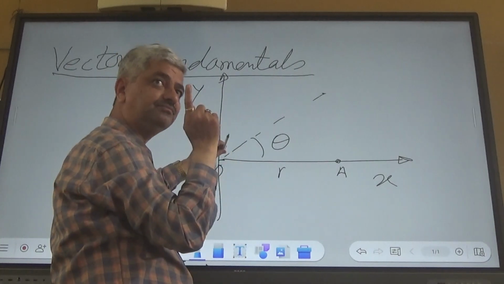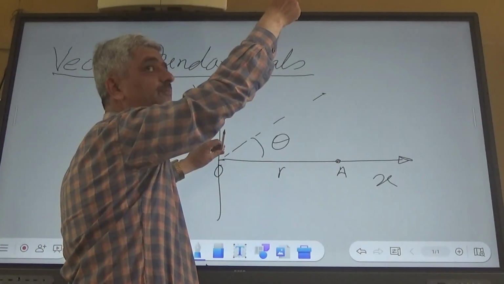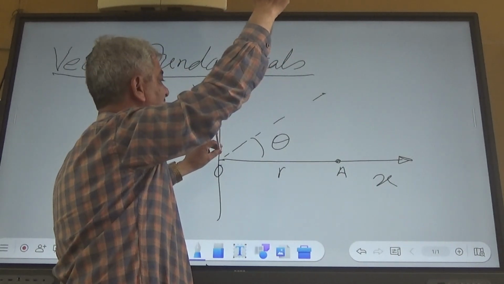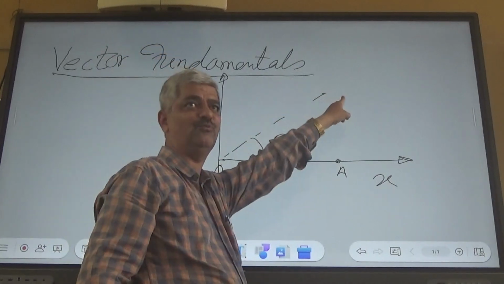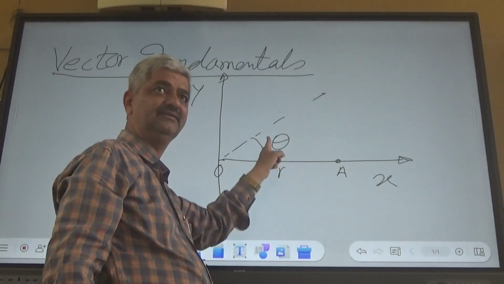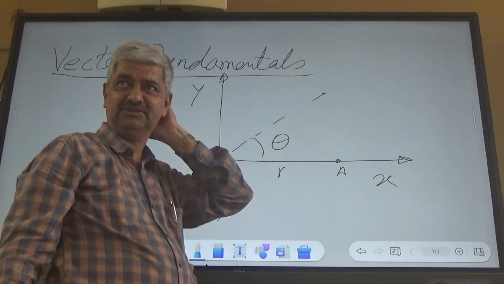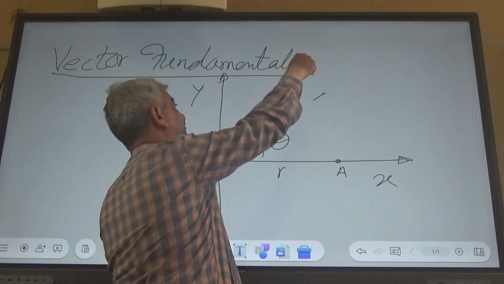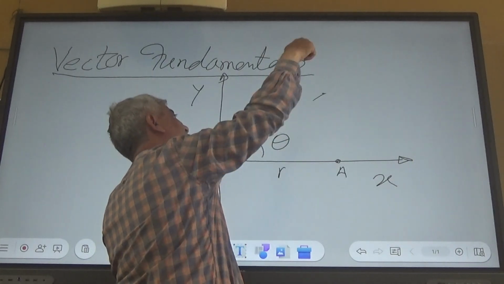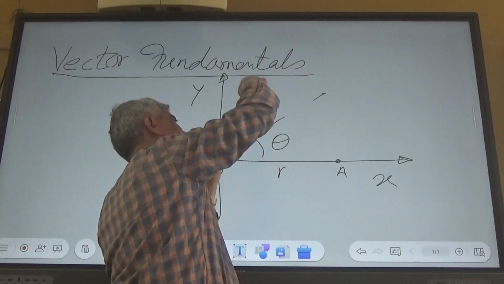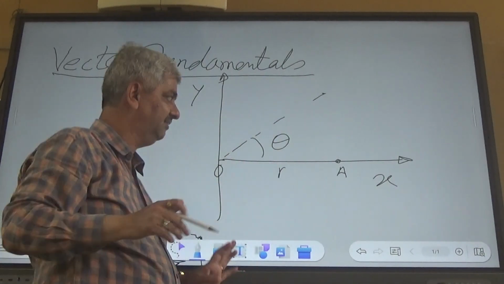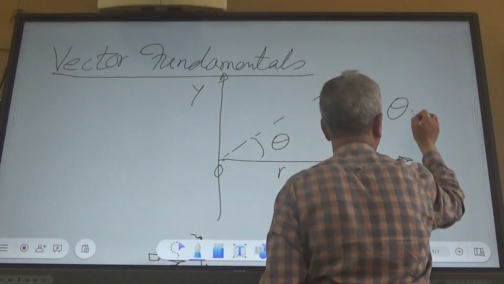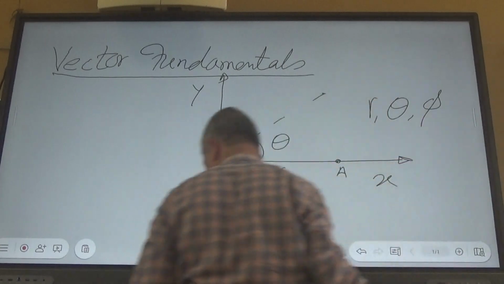From the point I put a projection in the xy plane, meaning from that point I draw a line parallel to the z axis which will touch the xy plane somewhere. Then I count this angle, it is theta. And what is the angle between these two lines? It is phi. So it is r, theta and phi.